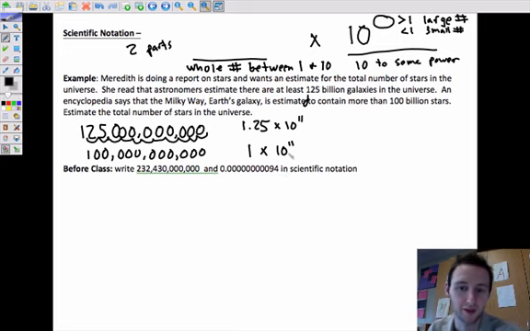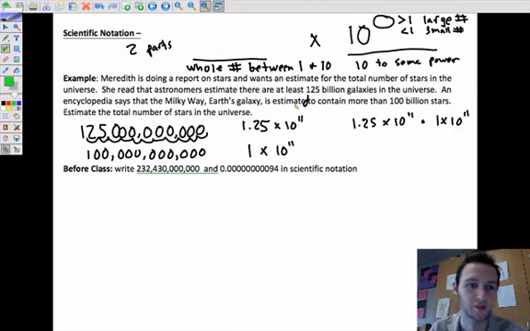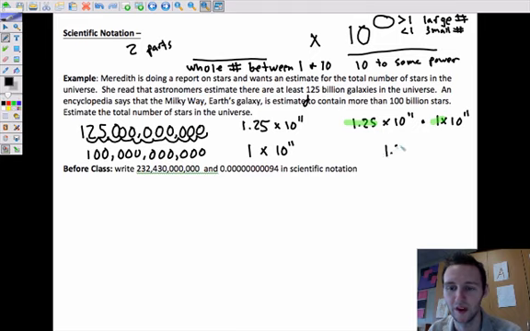Then I need to multiply these two together: 1.25 times 10 to the 11th, times 1 times 10 to the 11th. I can first multiply these two parts together and get 1.25 times 1, which is just 1.25, and then I can multiply these other two parts together, my 10 to the 11ths.